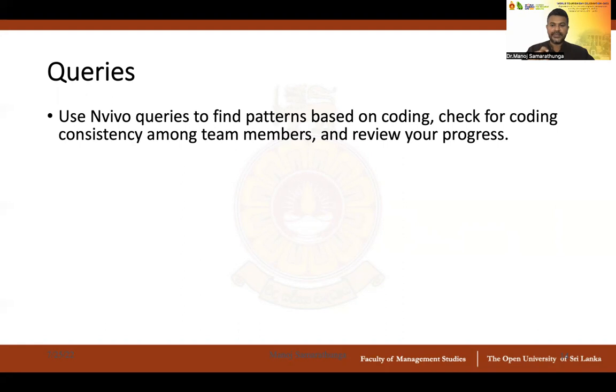And it will further help you go for particular concepts, definitions, theories, maybe some cases, or if you're doing a literature review, you can do the constant comparison by using the query function.